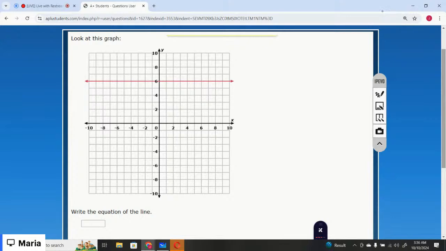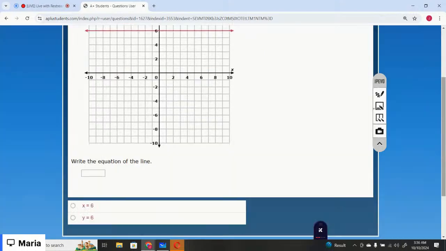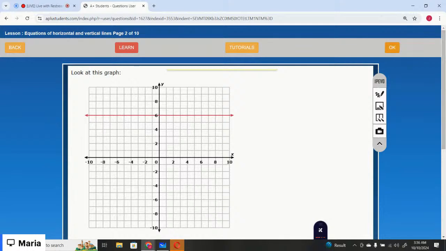Yes, that is y equals 6. You can see there is a line on y equals 6. Very good. The correct option is option number 2 is the correct option, right? Nice to see your answers.